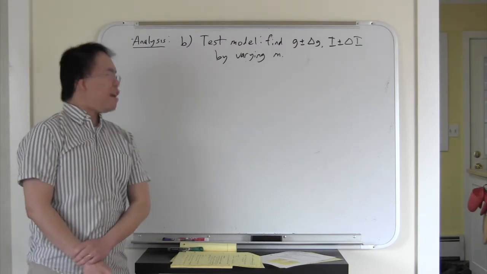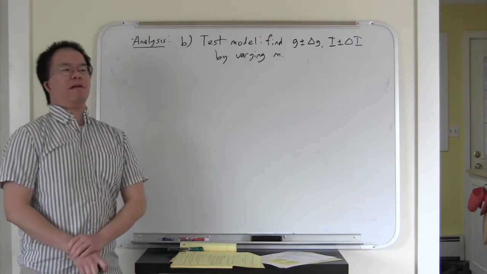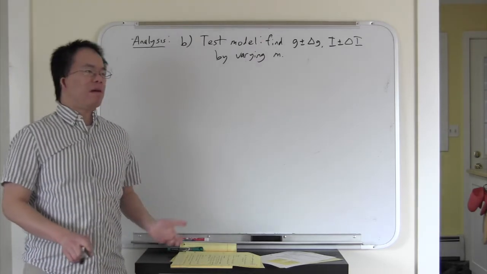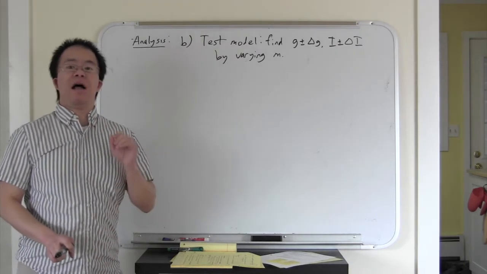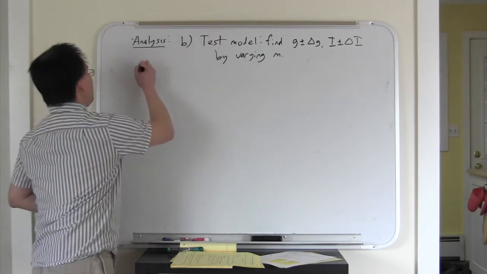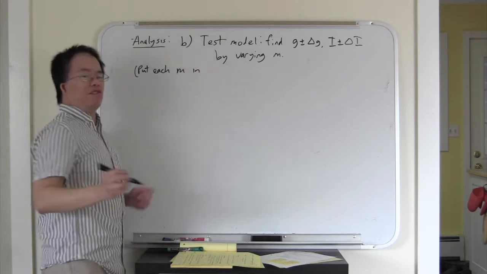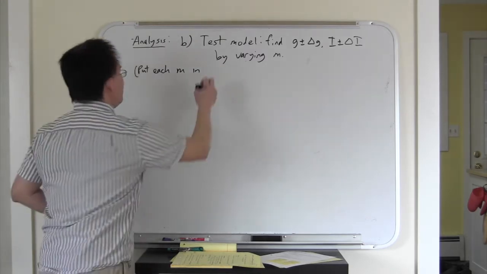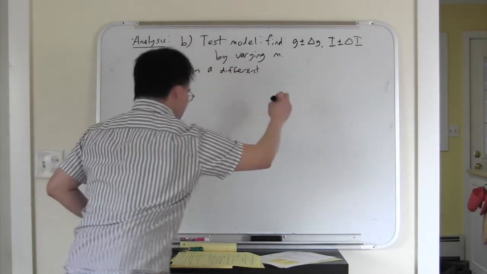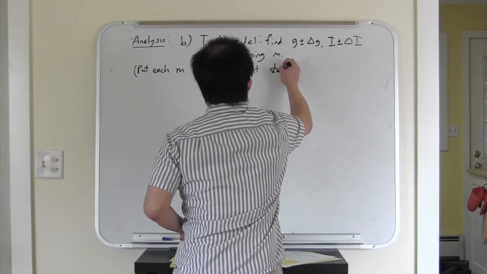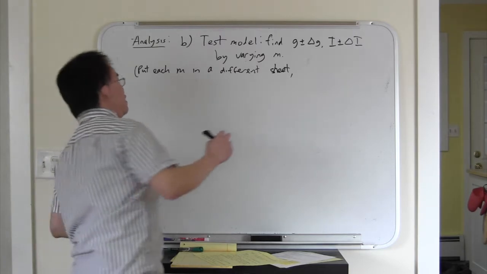So the goal of the second part of our analysis is to test our linearized model like I talked about. You're going to want to do this by determining the acceleration for several different masses. My suggestion is to put each m in a different sheet, a different tab in the spreadsheet, and then this part B analysis in its own sheet.